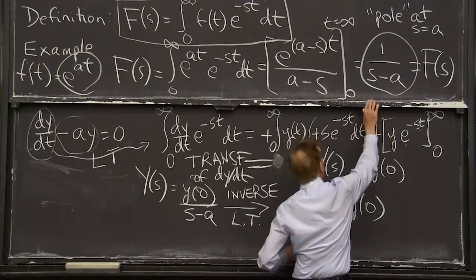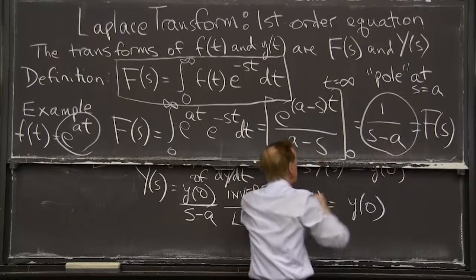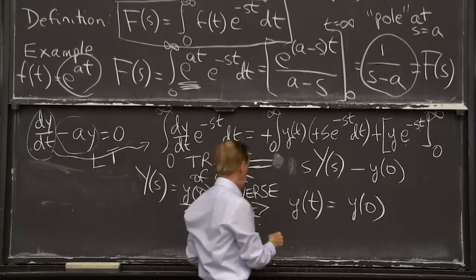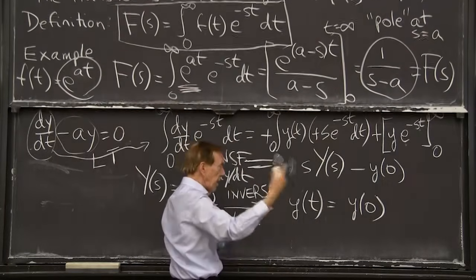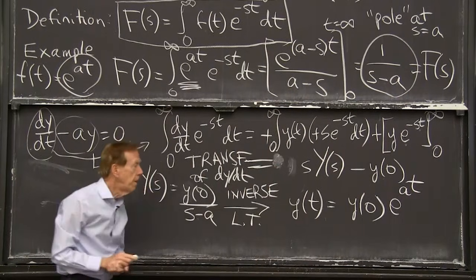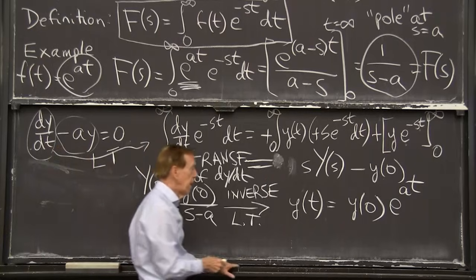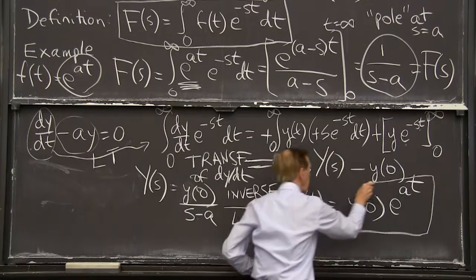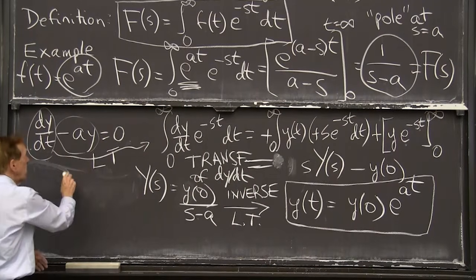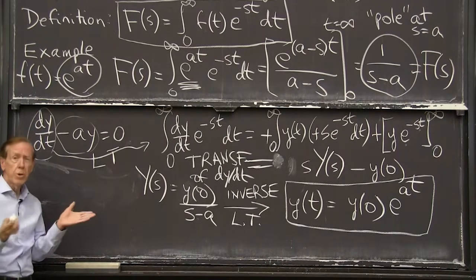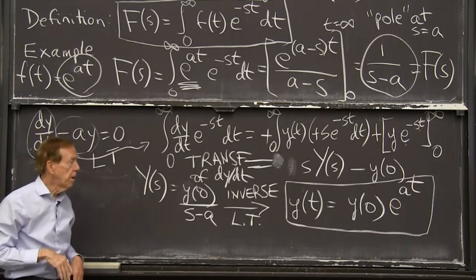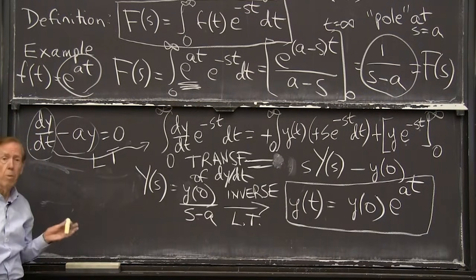It's this one, up here. 1 over s minus a came from the function e to the at. So that 1 over s minus a, when I transform back, is the e to the at, and I'm golden. And that you recognize, of course, as the correct solution to this differential equation. The initial value y of 0 takes off with exponential e to the at, no problem.